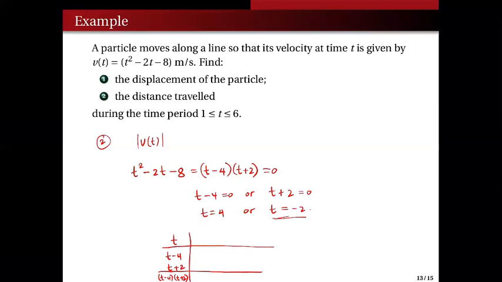So what about this? Say this is your 0 point. And then say this is your 1. This is 4. And then this is your 6.